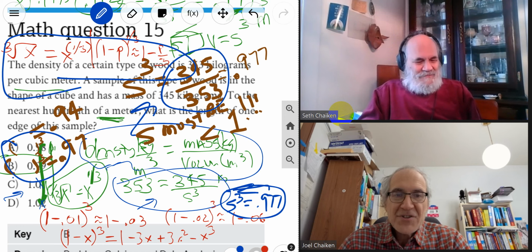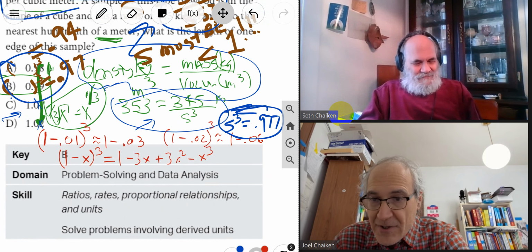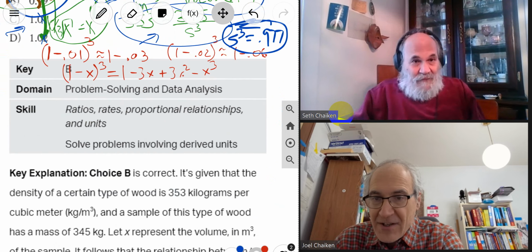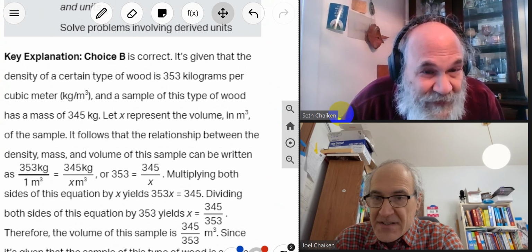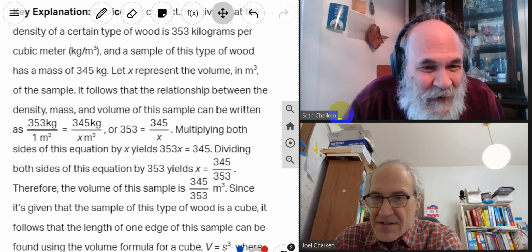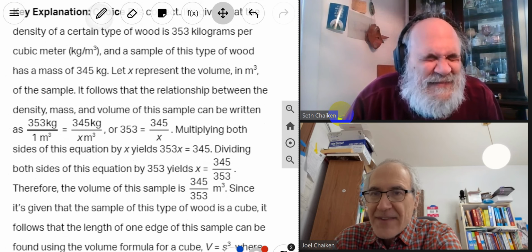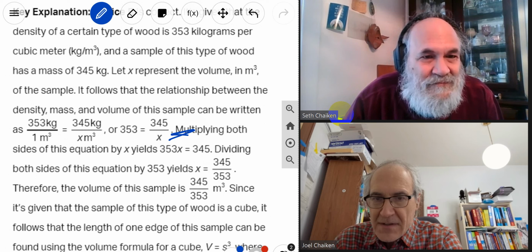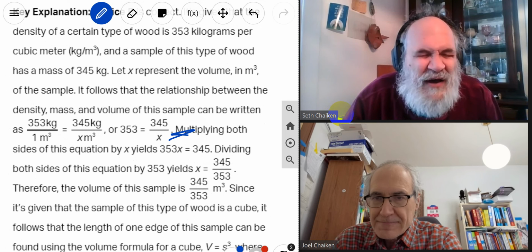And just very quickly, let's take a look at how they do it. Notice ratio, rates, proportional relationships, and units. There's all this stuff. They do it this way. Oh, they do X. That's very clever.